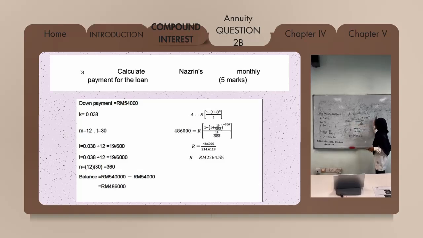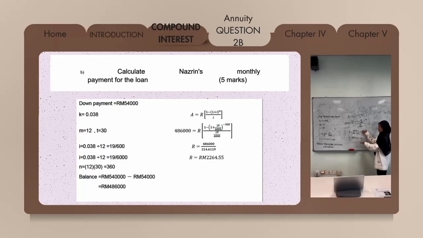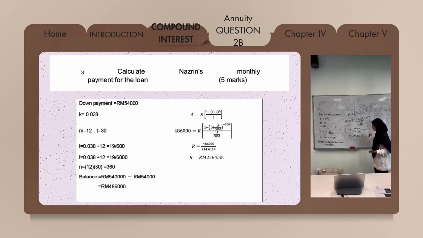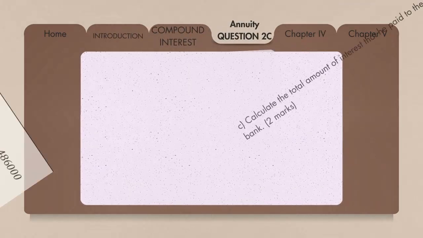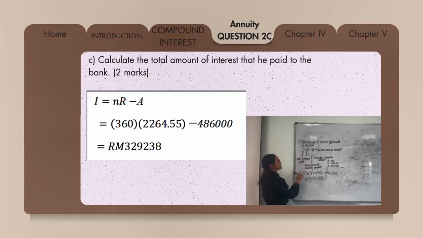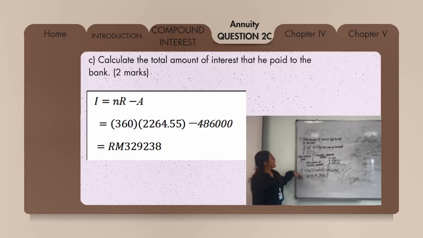After we get this answer, we go to right here, like this. And then we get this answer, RM2,364.55.